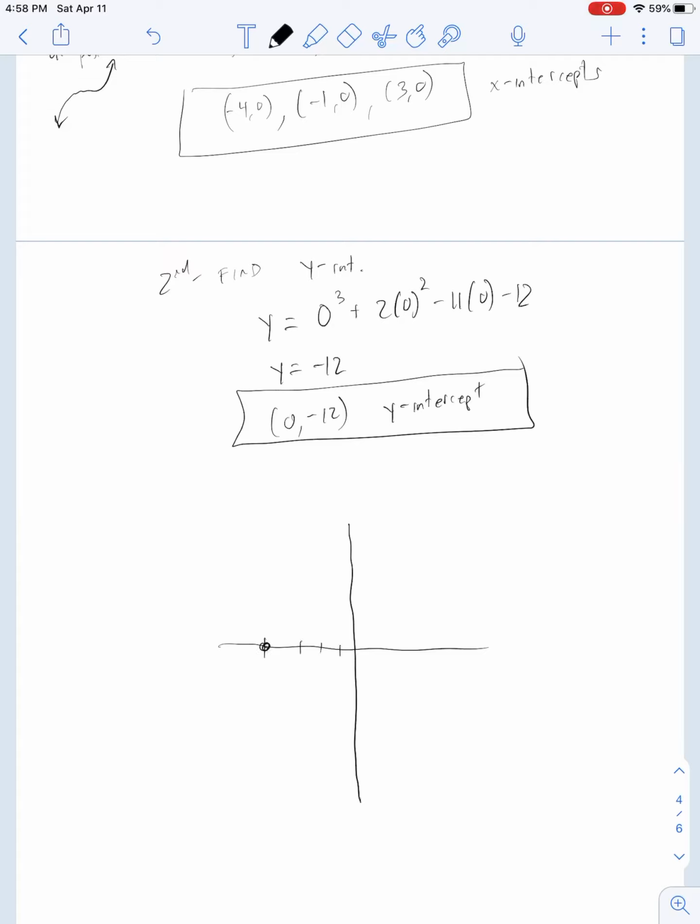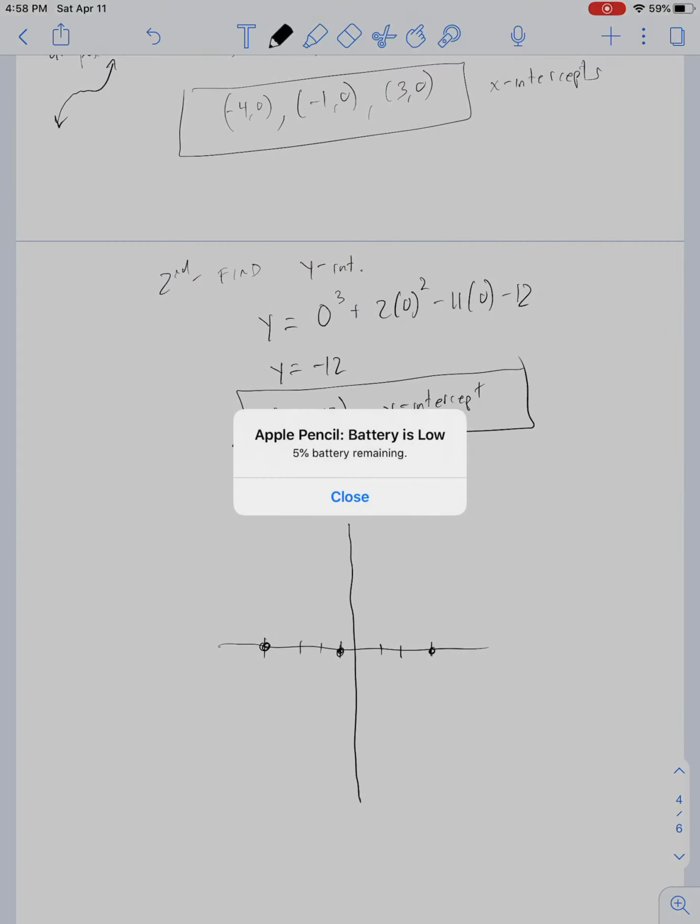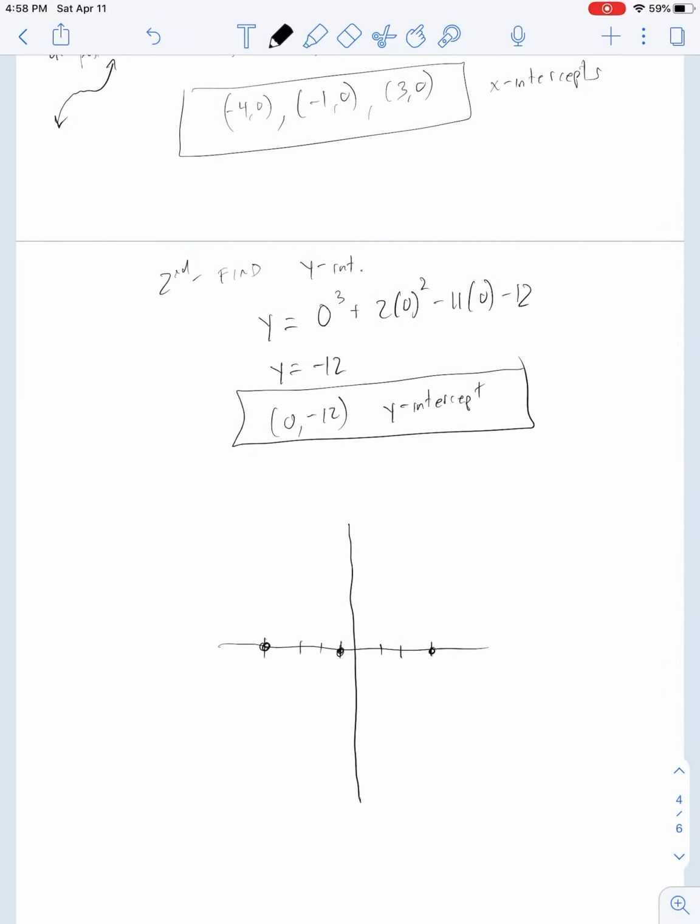So my x-intercepts are negative 4, negative 1, 3. My y-intercept is 0, negative 12.